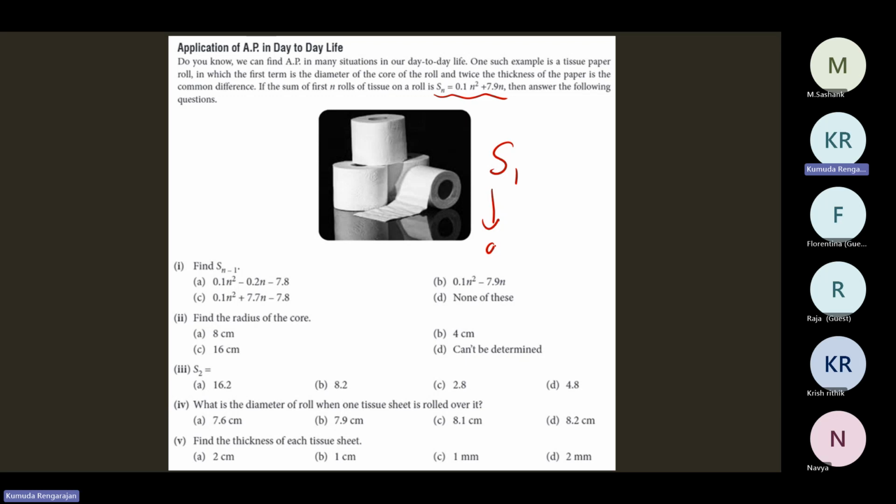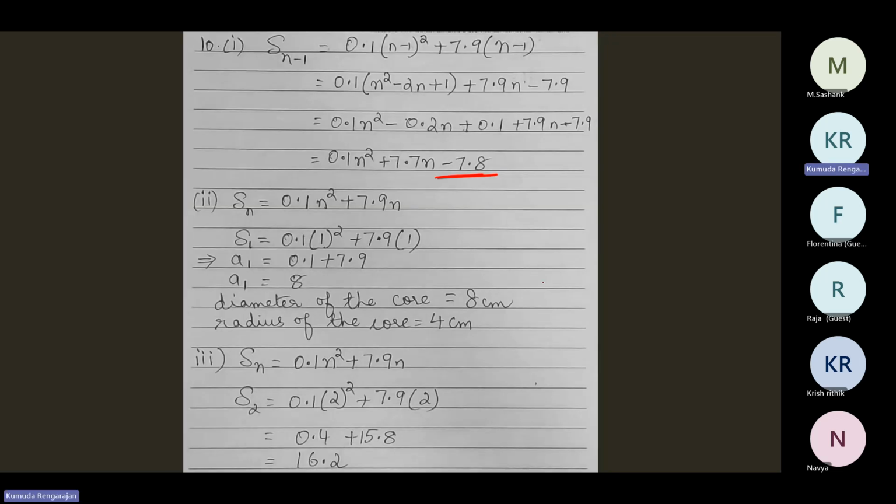And S1 is A1. Sum to one term is nothing but the first term. But that's a diameter. The first term is a diameter because the diameters form the AP. So half of that is a radius. So find S1 using Sn.